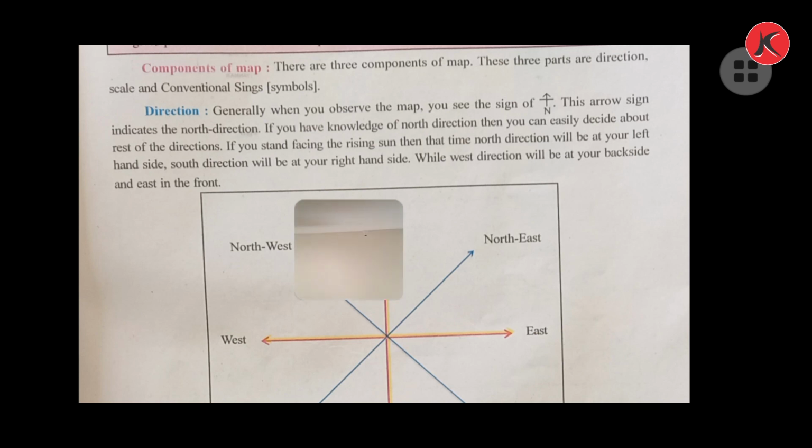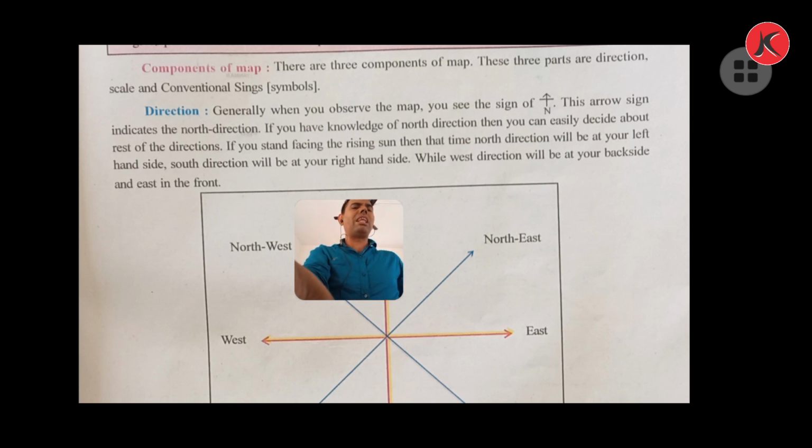Okay, when we are standing and our face is in front of where the sun rises, that is the east side. So our left hand side should be north, students, and the south will be your right side.